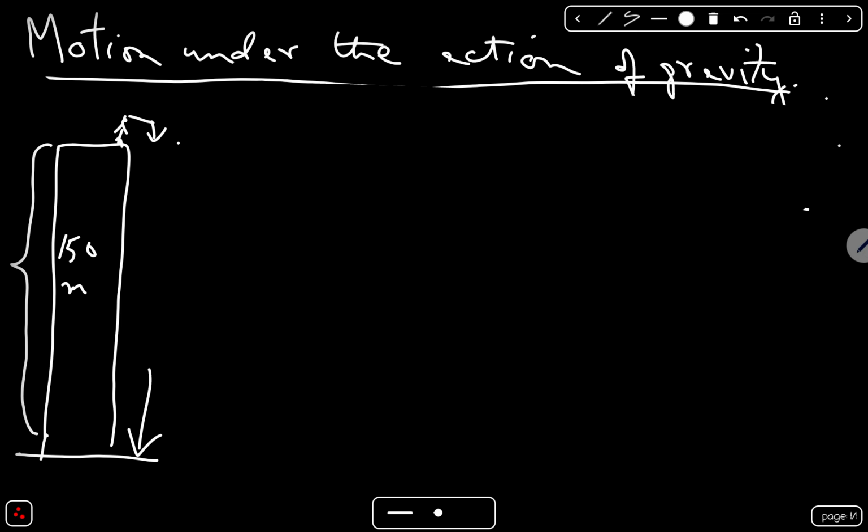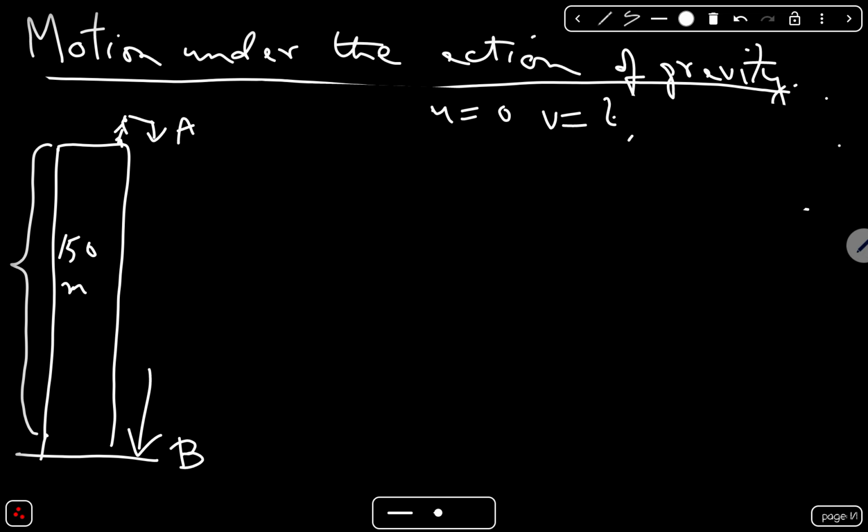So let me mark the initial point to be point A, and the final point it reaches on the ground is point B. Initial velocity u will be 0 here, and the final velocity we have to calculate, that is the velocity with which it strikes the ground.